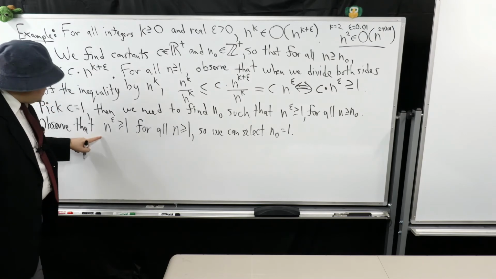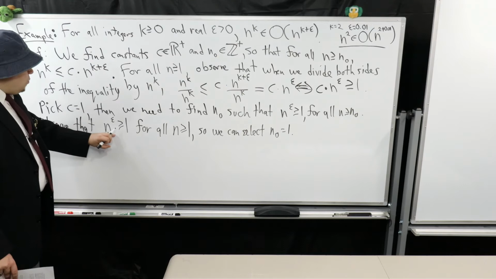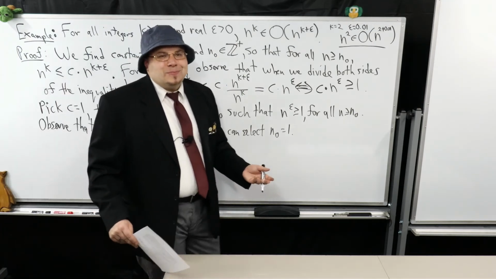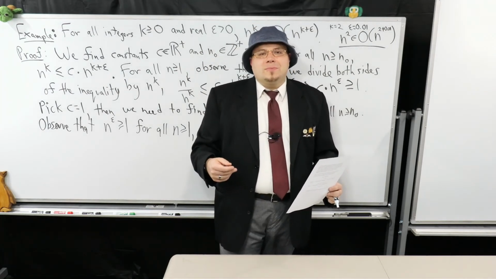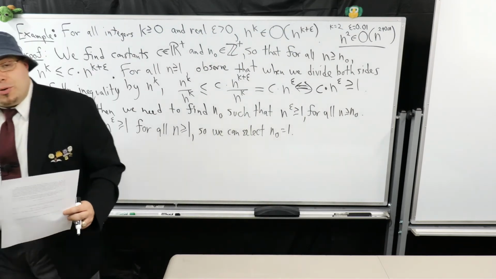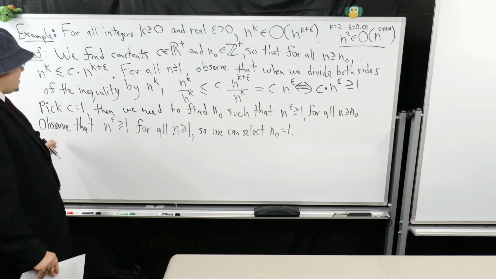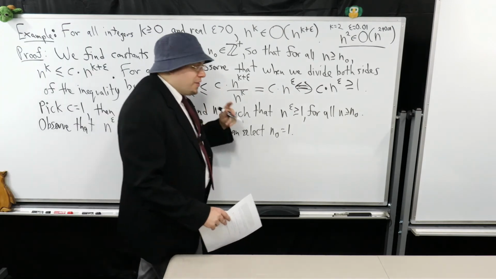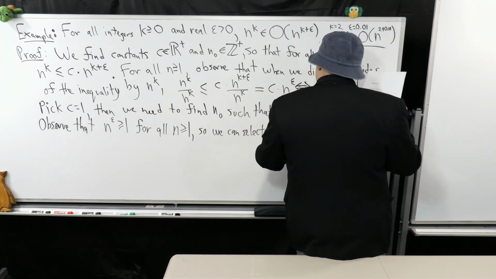Now, what exactly is 1 to the power of epsilon? What's 1 to any power? It's 1, right? So it's an increasing function, and when I put in 1 to the epsilon, it's equal to 1. Hence, it must be that this inequality holds for all n greater or equal to 1. It's those two facts that make this work. So we can select n0 is equal to 1.